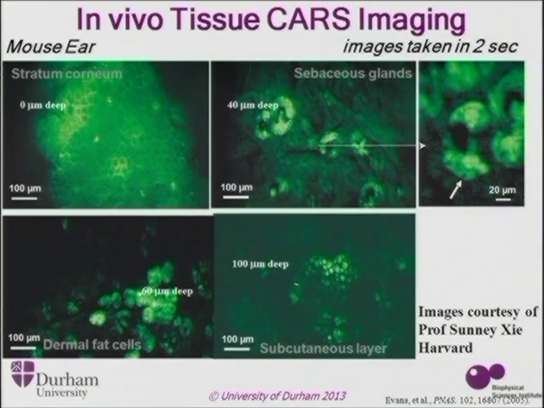These are ones that Sunney gave me a couple of years ago. This is looking at fat, because fat works particularly well here. This is stratum corneum. So what you're looking for is molecules that have a good Raman vibrational spectra, and then you adjust your lasers to the right wavelengths to get that beat frequency that then drives the molecules.